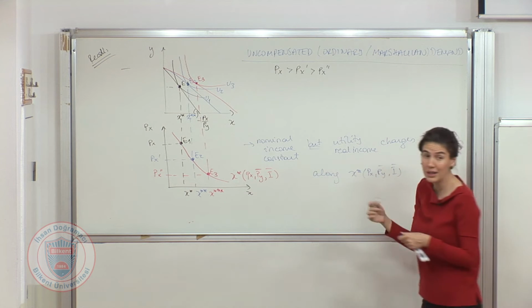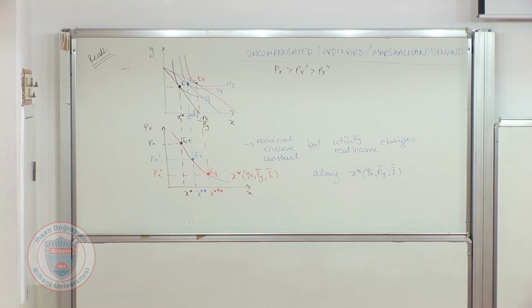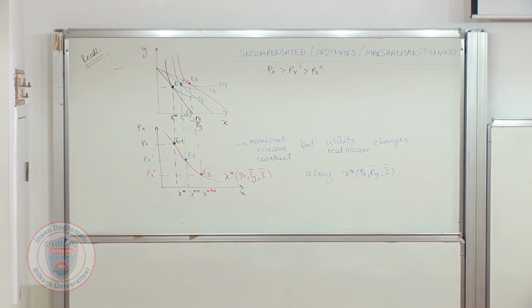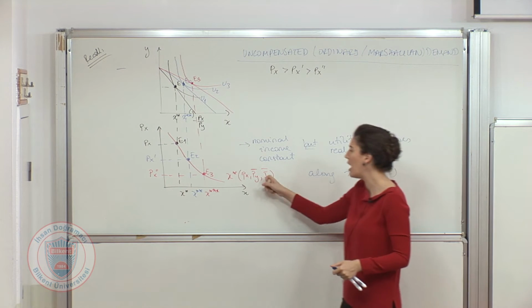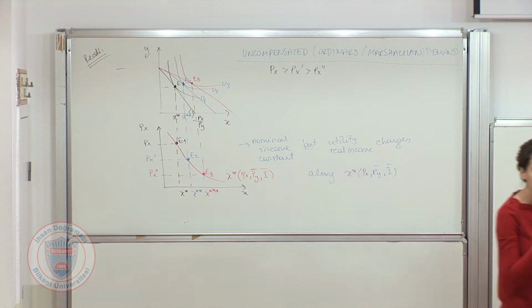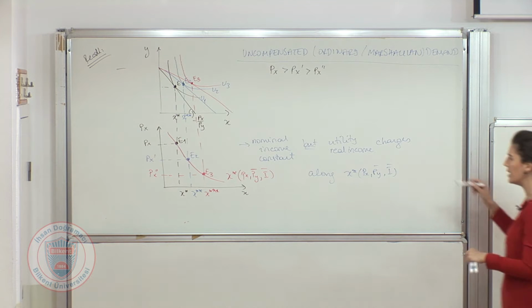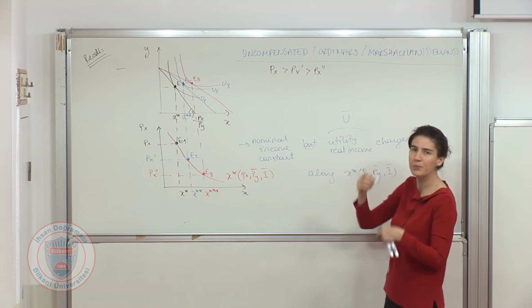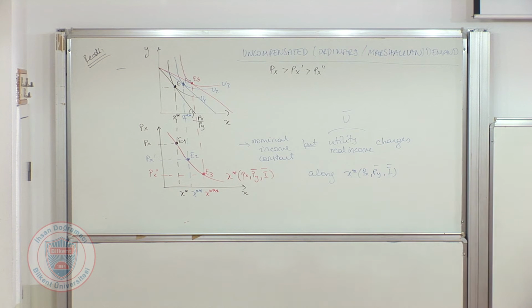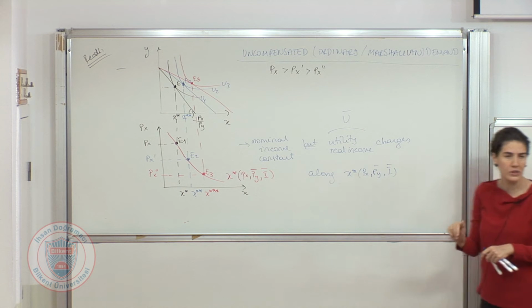Then we said we can do a similar exercise because we now figured out what's going on. Here I'm keeping I the same, but what if I don't keep I the same, and instead keep utility the same? I want to keep consumers compensated for any change in price, positive or negative compensation, so that the individual always achieves utility level U bar.